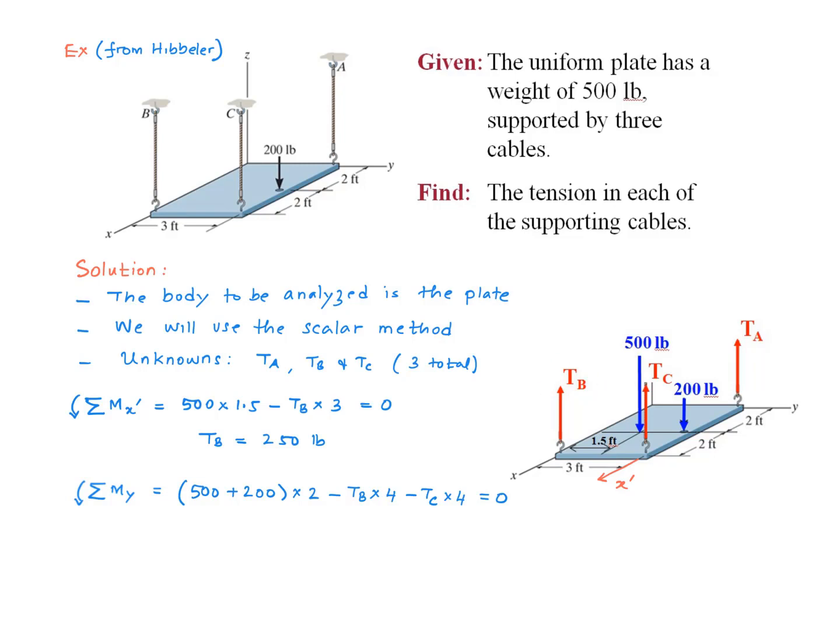The tensions TB and TC are both going to give me a clockwise moment. The perpendicular distance to them is also equal, just 4 feet, right? So here I have a minus TB times 4 to account for this force, and here I have a minus TC multiplied by 4 to account for this force. Noting that we have a value for TB, this equation gives a value of 100 pounds for TC.